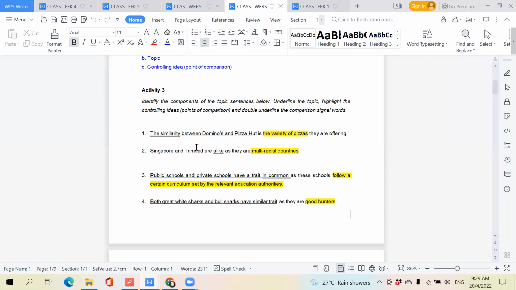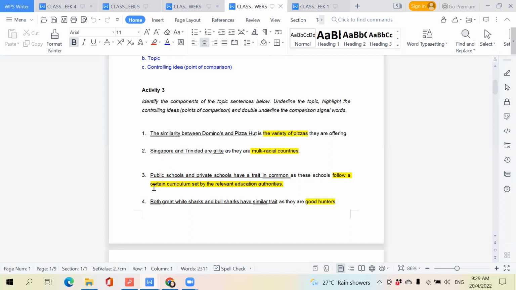Those are all similar in meaning. So alike can also be used as a comparison signal word for similarity. And then multiracial country is the point of comparison. This is the component that you want to compare between the two countries, Singapore and Trinidad.